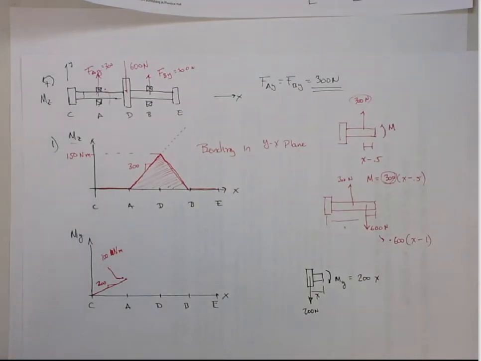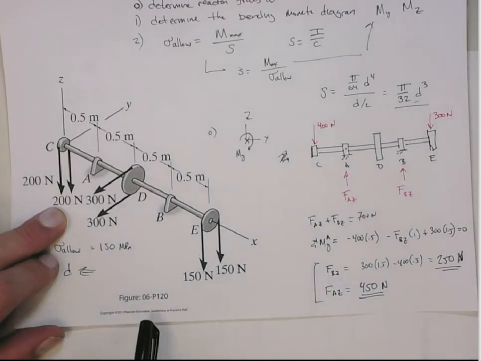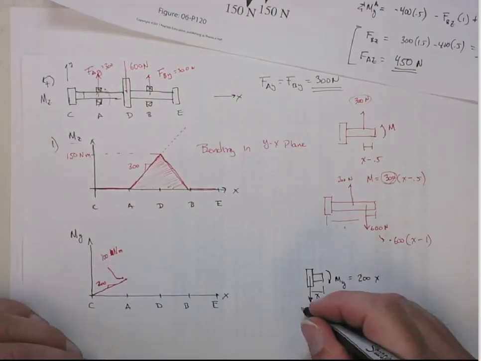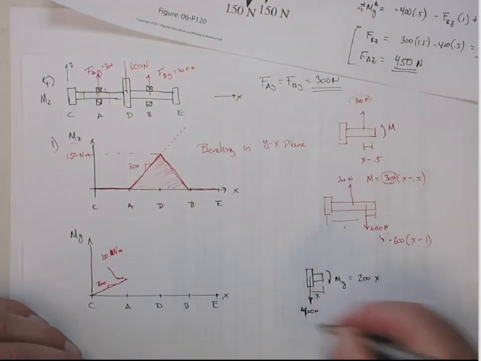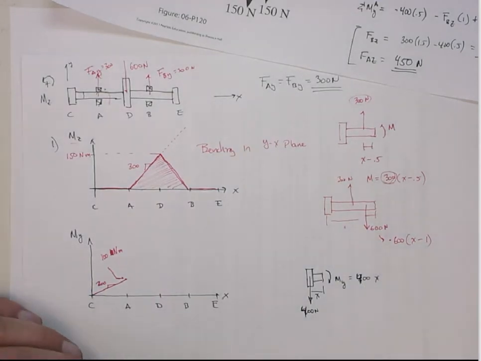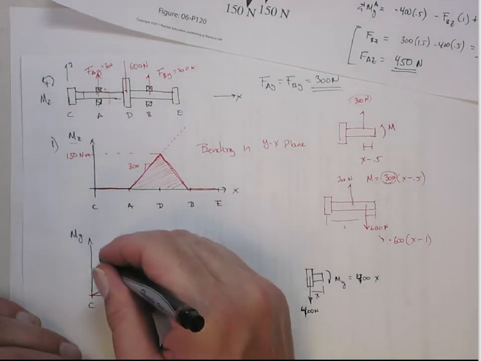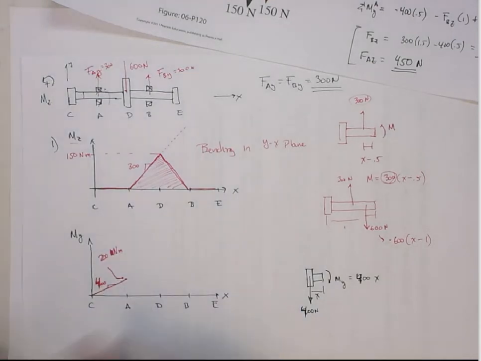Except that this isn't 200, it's actually 400, because it's two of them, sorry. So I actually should have 400 here, which makes this have a slope of 400. My apologies. And this is now 200 Newton meters is the max at that point.